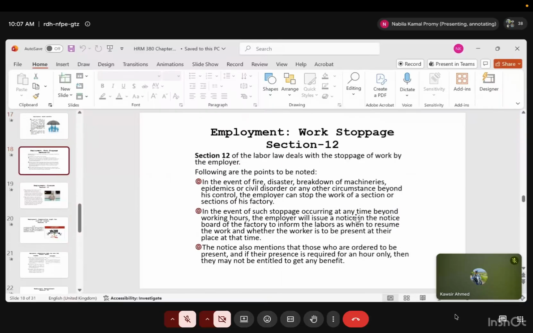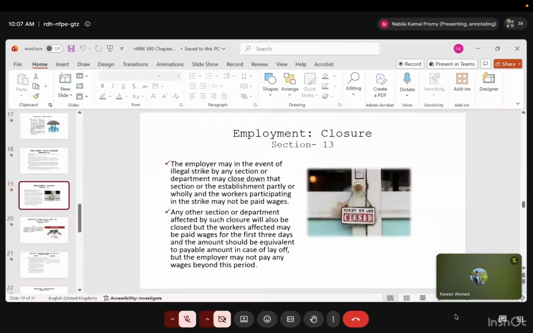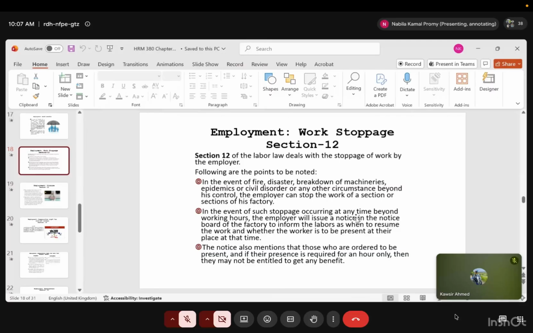So firstly, we have to understand the difference between work stoppage and closure. Work stoppage basically means that for a temporary period, the company is closing down and the employer is saying that there will be no work for certain reasons. Usually in the event of such stoppage, the employer will issue a notice and inform all the employees; it's the employer's responsibility.